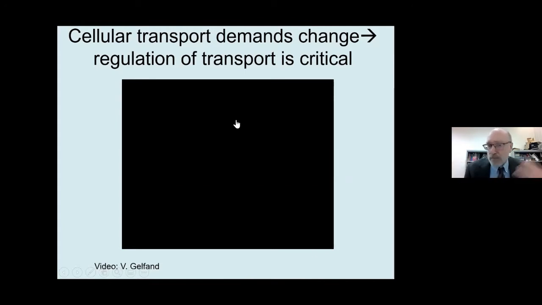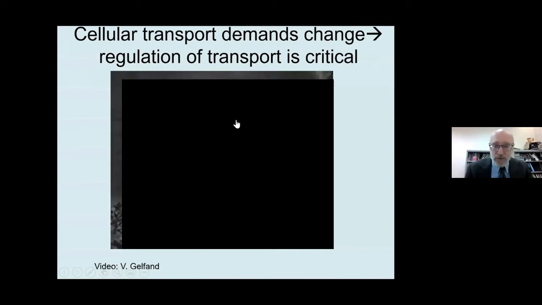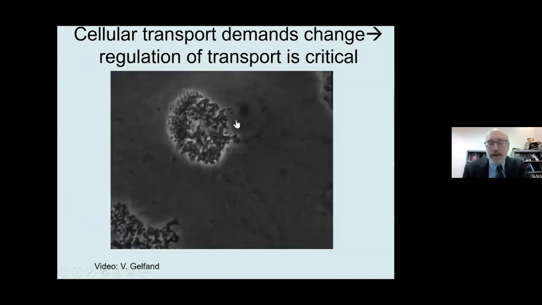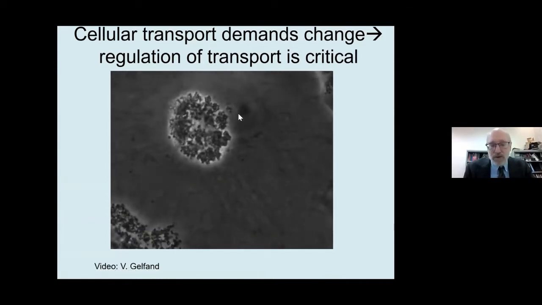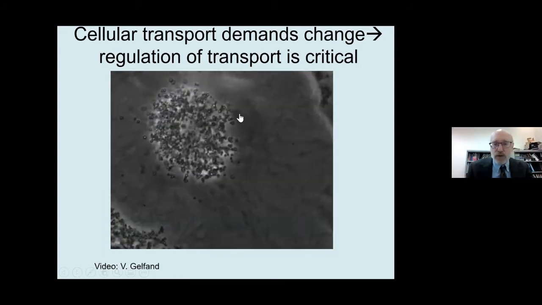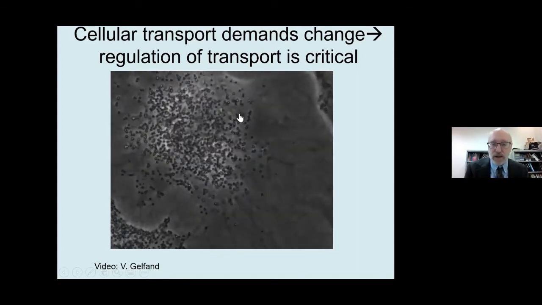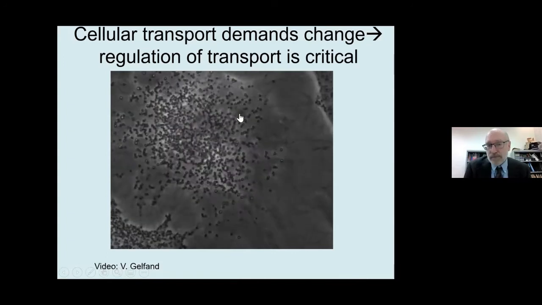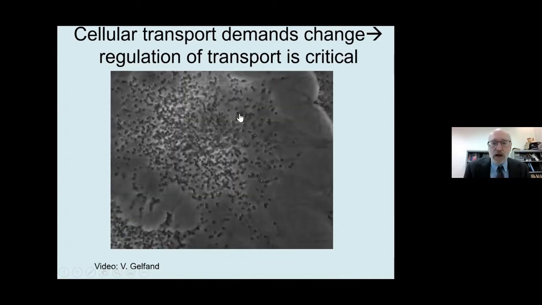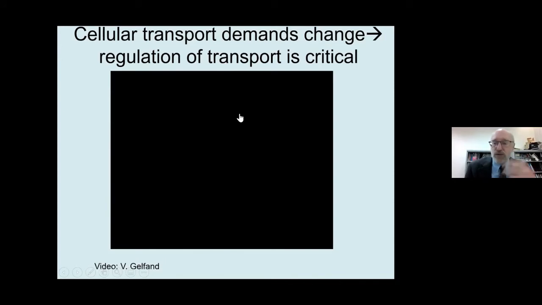But now you're a frog and you jump onto something else, and now maybe you need to turn gray, so you pull all of your pigment into the center of the cell. But now maybe you jump back onto that green leaf again, and now you have to move your pigment out. So you need to be able to aggregate or disperse your pigment in response to particular cellular or organismal demands for cellular function.